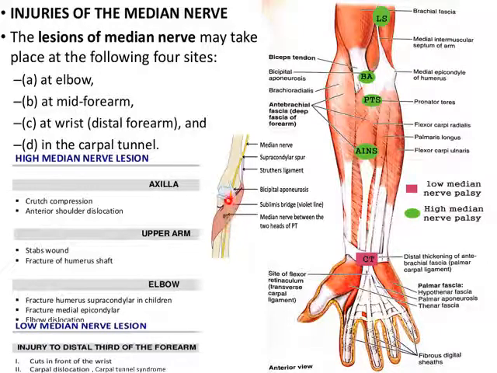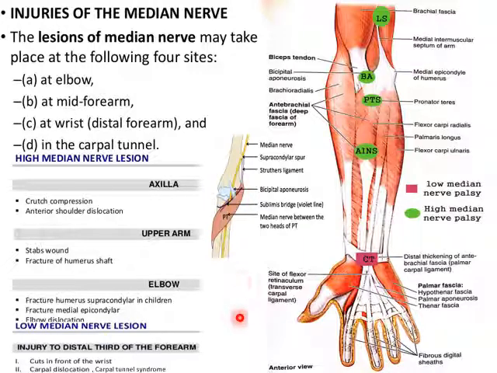And it can even get compressed as it enters into the forearm in front of the elbow underneath the arch of the flexor digitorum superficialis, and by abnormal pronator teres bands that join with the aponeurotic arch of the flexor digitorum superficialis. So these are all considered as high lesions.